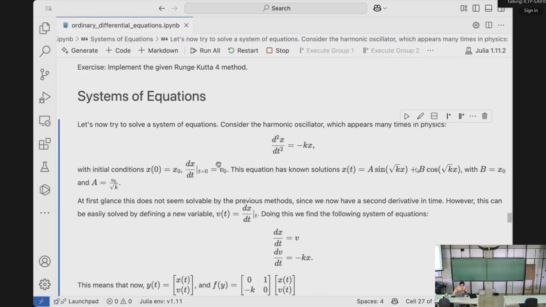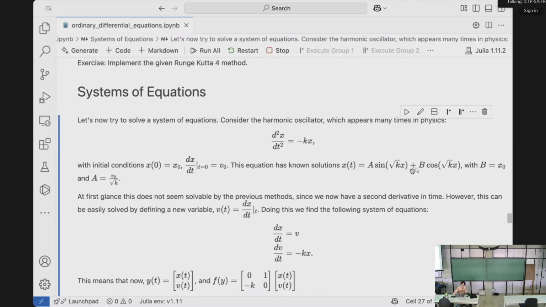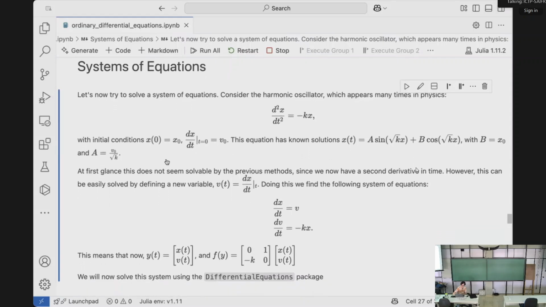For these equations, we actually need two initial conditions. We need the initial value of x and also the initial value of the derivative of x with respect to t. And we will have a solution that is essentially a combination of sines and cosines, right? If we derive these two times, we will get this equation here, with this initial condition.